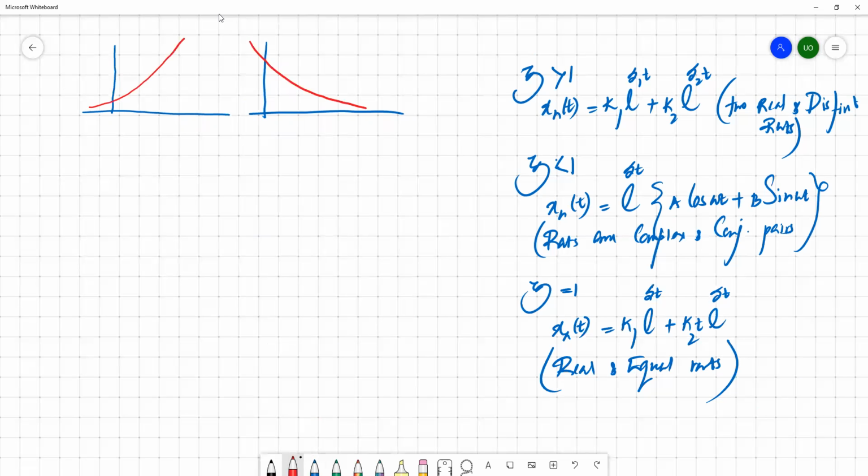This is sigma 1 greater than 0 and sigma 2 less than 0.